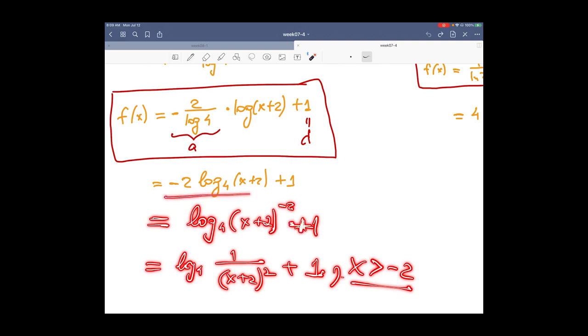Here I use the power rule. Negative 2 was moved as an exponent here.